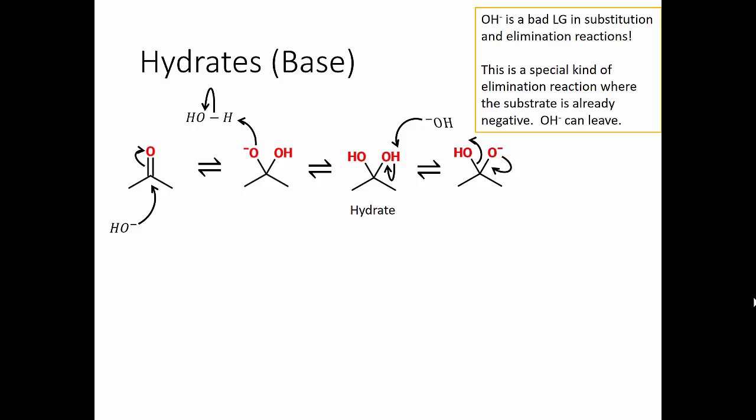It's worth noting that OH- hydroxide is a bad leaving group in substitution and elimination reactions. But this is a special kind of elimination reaction, where the substrate is already negative, and my leaving group will leave negative. So since my substrate and my leaving group are essentially the same, this is an okay leaving group in this reaction.